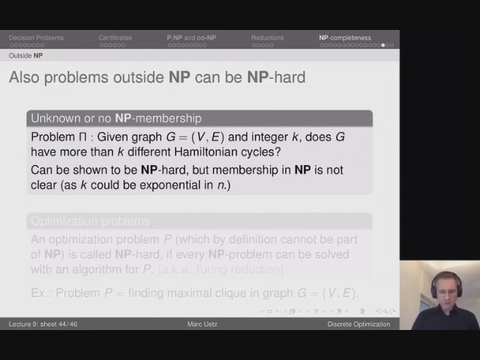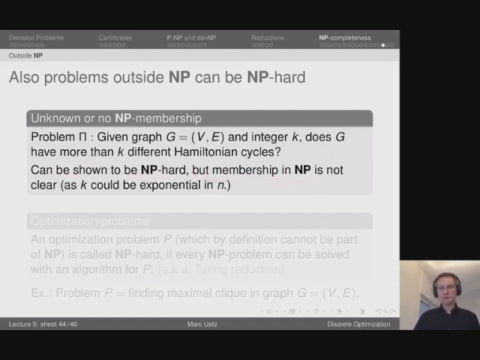And here is one example. Consider the problem where we are given a graph and an integer number k, and we ask, does this graph have more than k different Hamiltonian cycles? One can show that this is an NP hard problem, but the membership in the class NP is actually not clear.